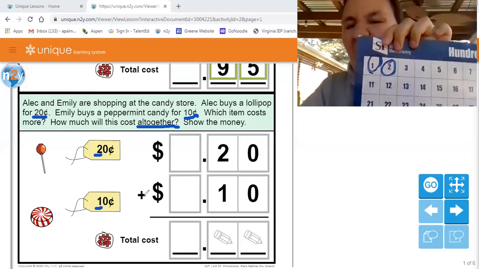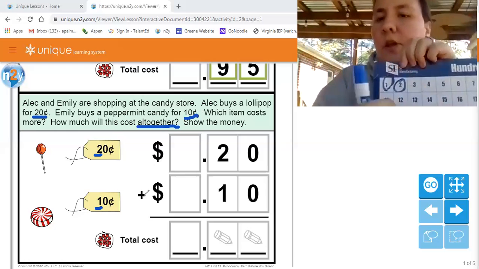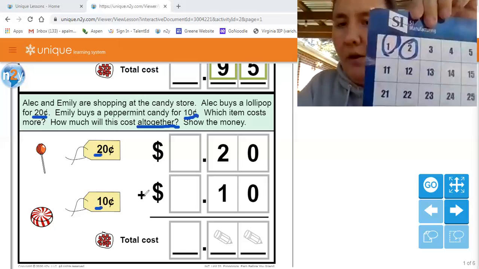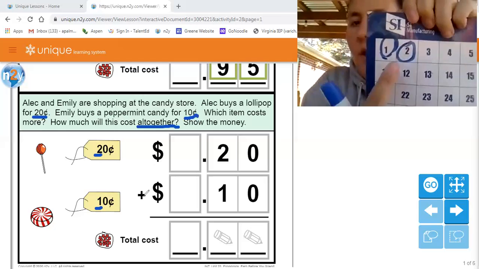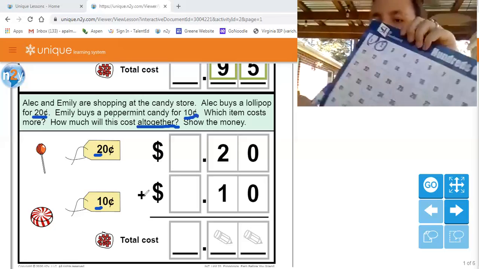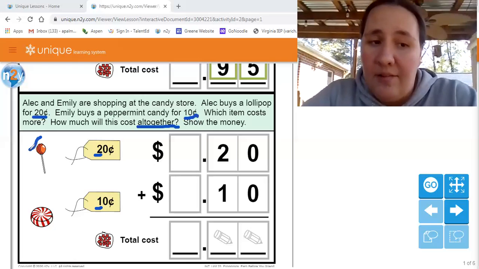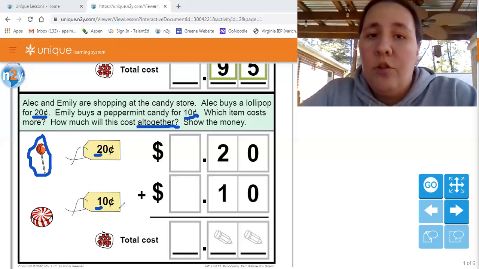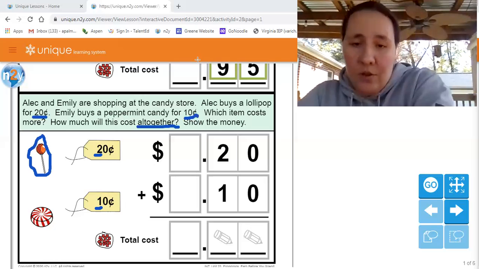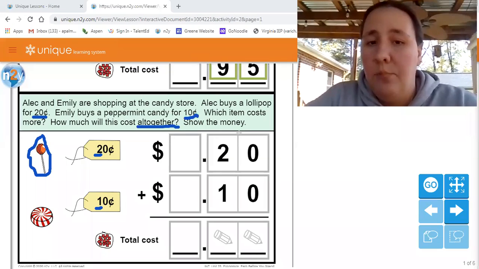So now I need to see which one is further into my hundreds chart. Which one is bigger? Which one is more? Very good. The 2 is further in. Okay, so that is my bigger number. I'm going to circle my lollipop because that costs more.